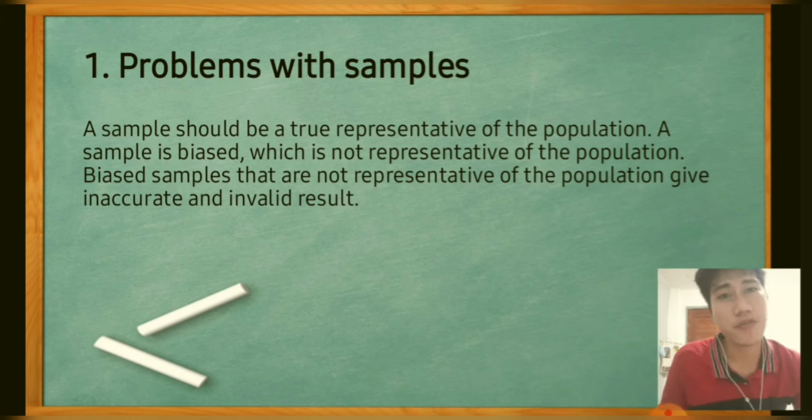So, if we have a problem with our sample, if we choose our sample in a biased way, there's a big chance that our sample is not representative of the population. That's why the conclusion or the result of our survey or research will be inaccurate and invalid.